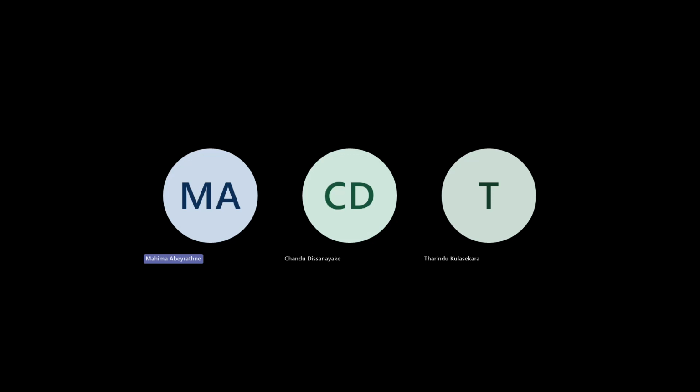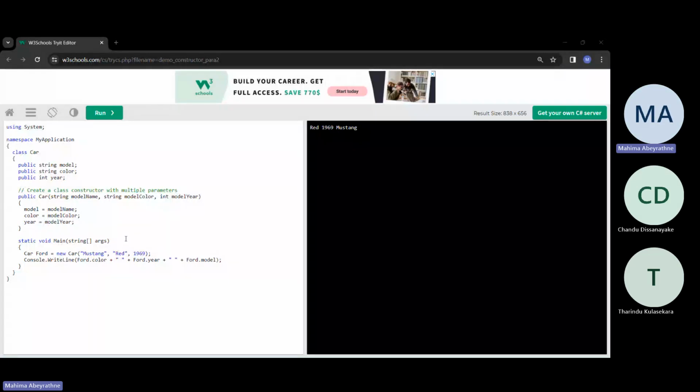Here, this is using constructor parameters. This code I wrote. In here also I create a class of car. After that, I use the parameters like int, string. Using that, I declare in here from those parameters.